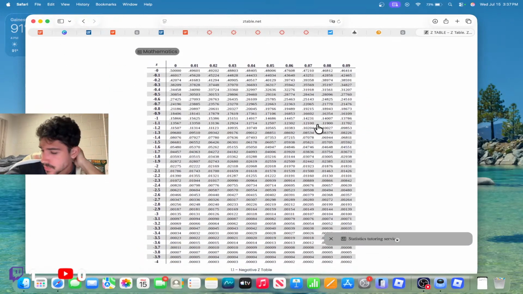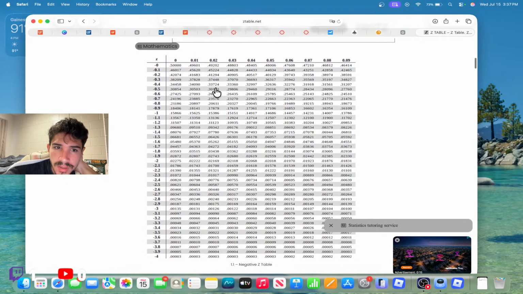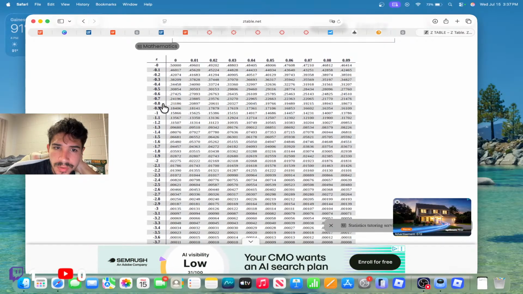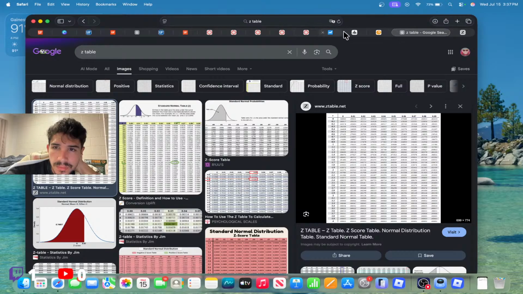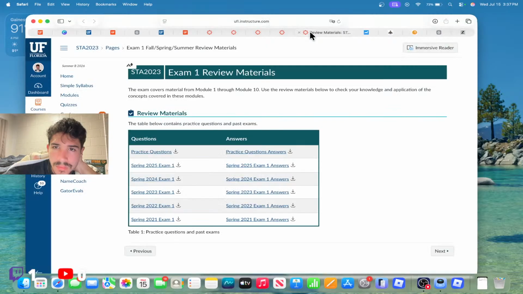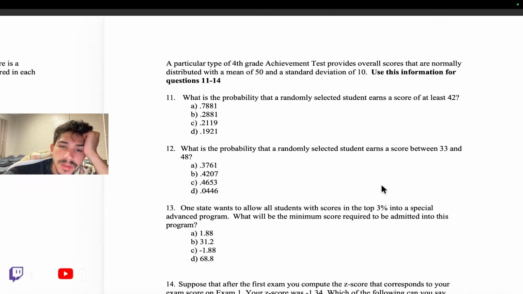And see here that we have negative 0.8 on the dot, which is going to correspond to 0.21186. So that's going to be C.